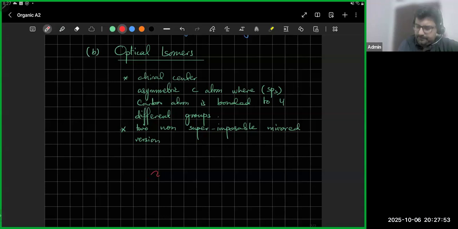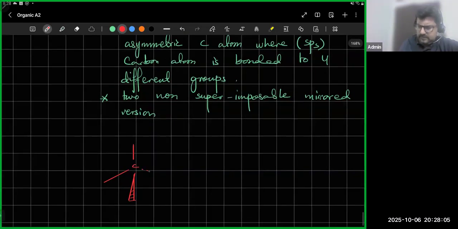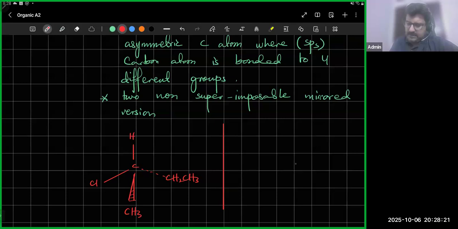So let's draw a carbon. All four groups have to be different. So there's a CH3 and there is a CH2. This one will have a mirrored version where in the mirror it's going to look exactly the opposite.